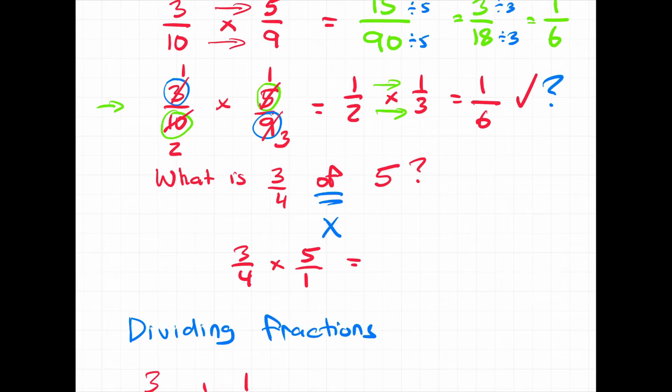And now I'm just down to simple multiplication of fractions. So I check, is there anything that can be divided into the top and bottom equally? In this case, the answer is no. So I multiply the top through, I get 15, and I multiply the bottom through, and I get 4.